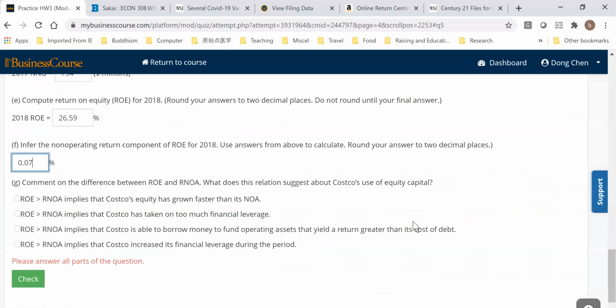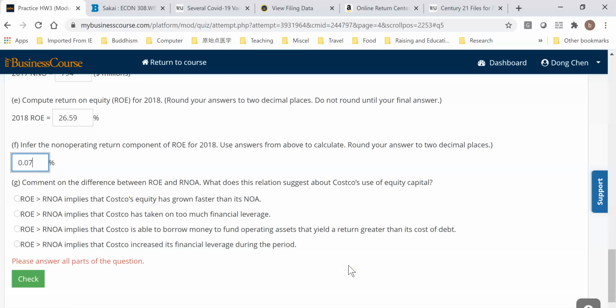Finally, comment on the difference between ROE and RNOA. In this case, ROE is slightly larger than RNOA, which is why the non-operating return turns out to be a positive number. So what does that suggest?